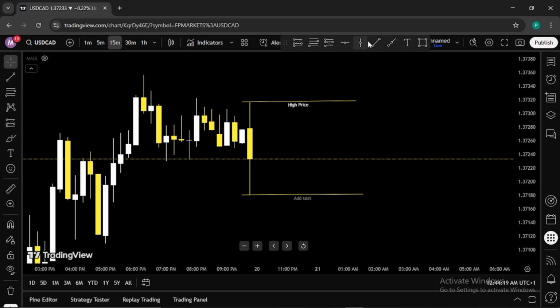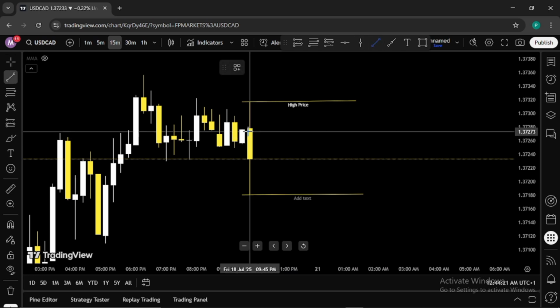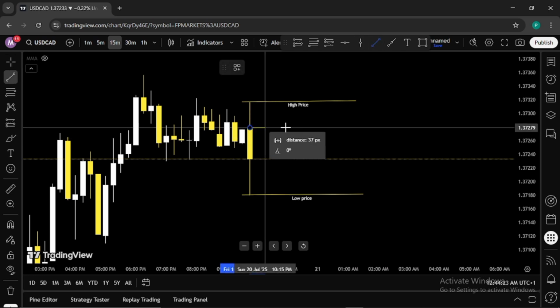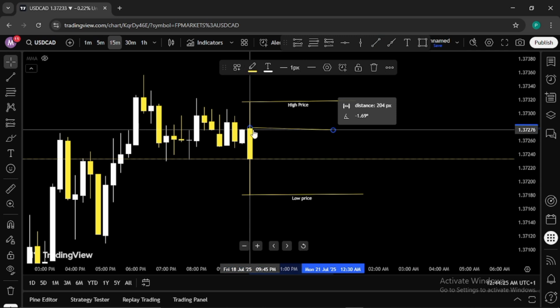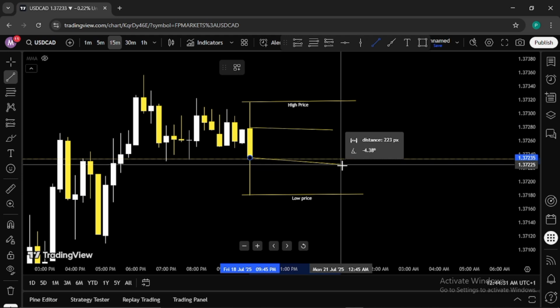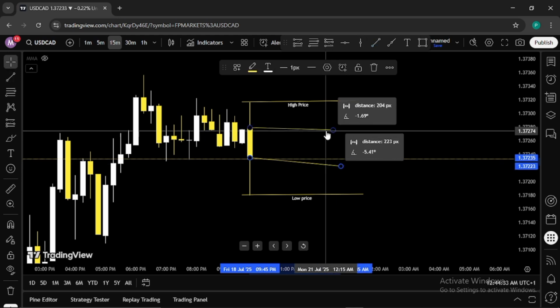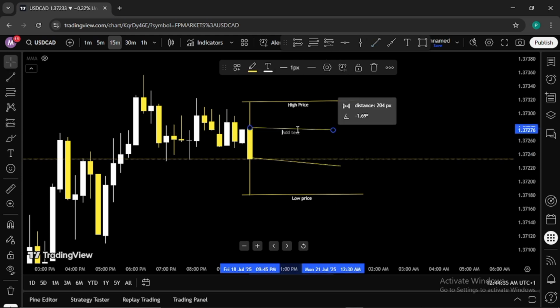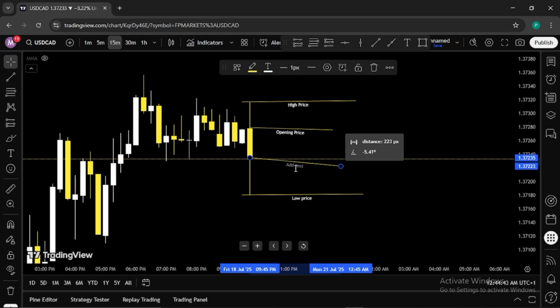Still on the bearish candle, the upper part of the body is the open, and the lower part of the body is the close. So this is the opening price for this particular candle, and this is the closing price.